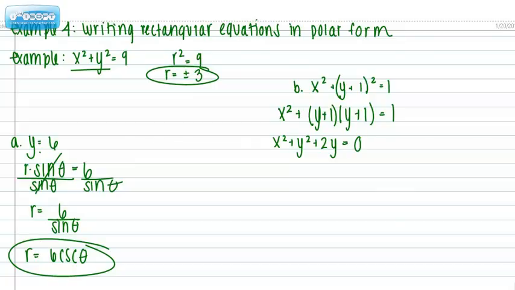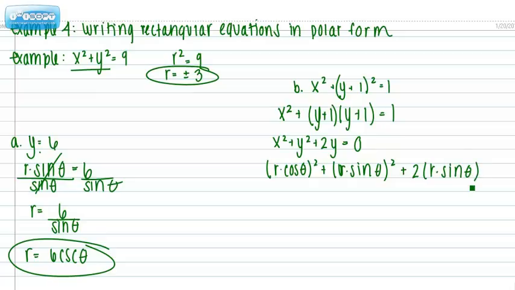From this point, I want to go ahead and start making my substitution. So I know that x is going to equal r times cosine of theta, squared, plus y is equal to r times sine of theta, squared, and I'm going to add 2 times r times sine of theta. In this case, because I'm not adding or subtracting in parentheses, I can go ahead and distribute that power of 2.